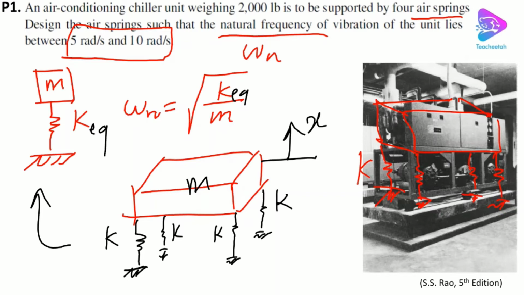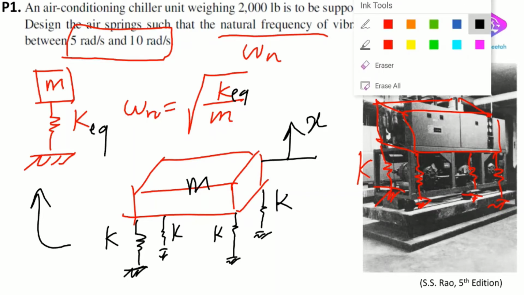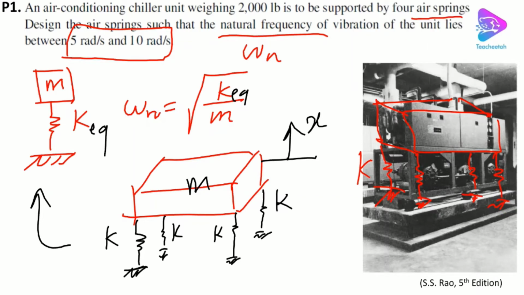If we have 4 springs and they are all in parallel, the equivalent stiffness is the summation, 4K, right? So the K equivalent would be 4K. Very easy.